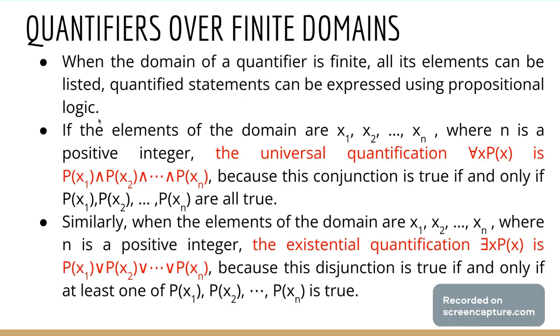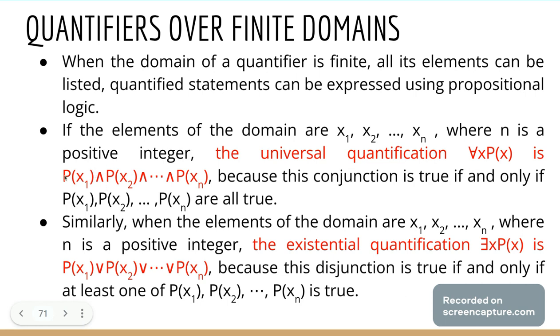So if there are n elements, x1, x2, etc., xn, the universal quantification for all x P of x is P of x1 and P of x2 and P of x3, etc., and P of xn. Sorry, not or, this is and. The v shape is or.